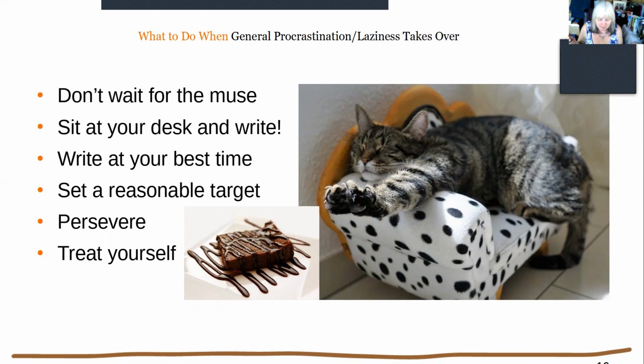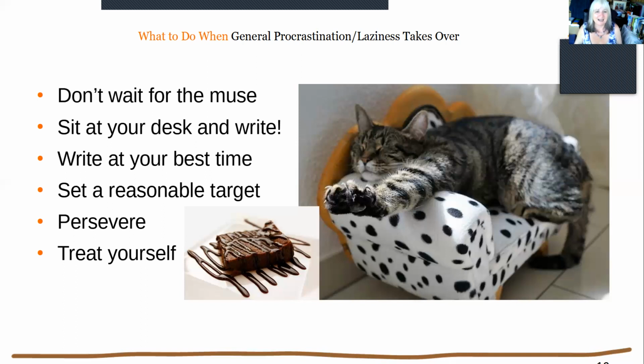A number of words can be better than a number of hours, as you could just sit dreaming and doodling for 2 hours if you set yourself 2 hours. Whereas if you're saying, I'm going to write 100 words or 300 words, 500 words, whatever it is, you're more likely to sit down and do that. So have a go at that and persevere. If you need treats to motivate you, do it. Doesn't it look like a lovely brownie there?